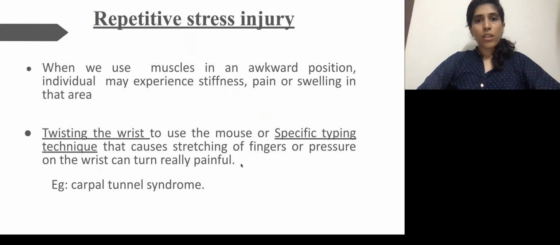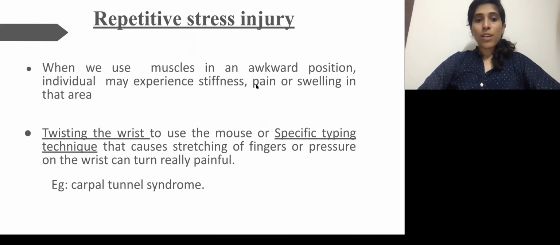When we work on the computer and use muscles in an awkward position for a prolonged period of time, the individual may experience stiffness, pain and swelling in that particular area.